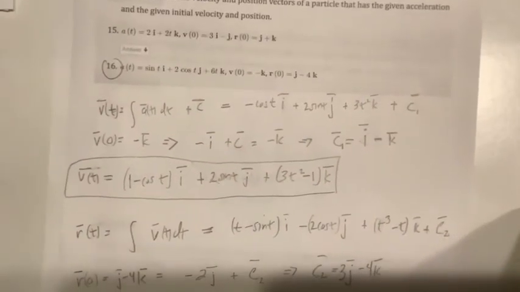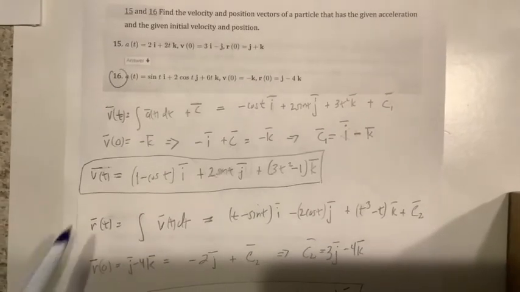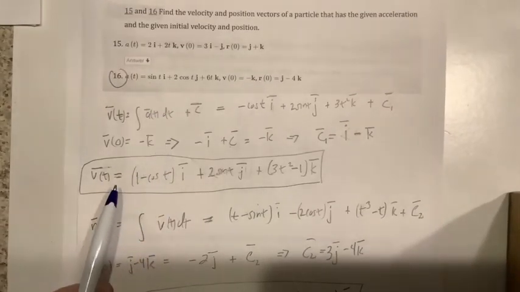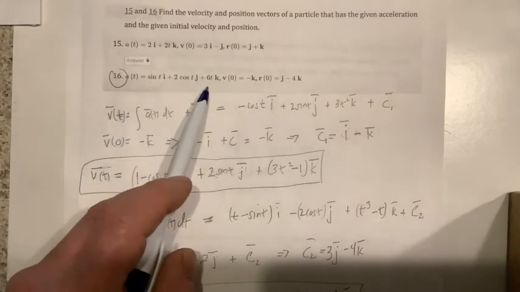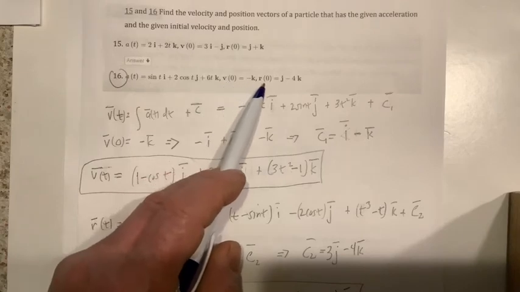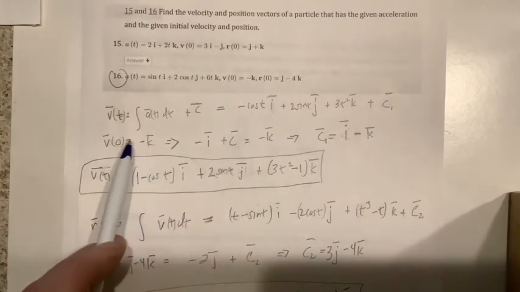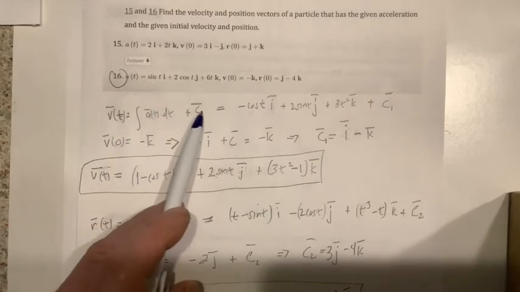Let's look at a couple examples here. Here's one. We're starting with the acceleration vector, and we want to find the position vector, okay? So we're given the initial velocity vector and the initial position vector. So when you integrate the acceleration vector, you get a constant. Now the constant is a vector, not a number.